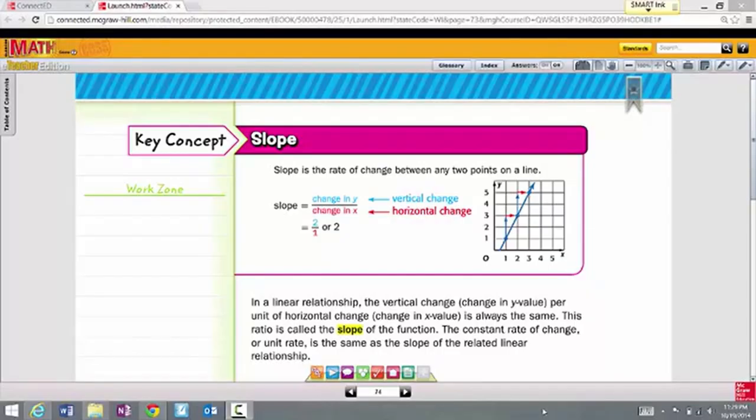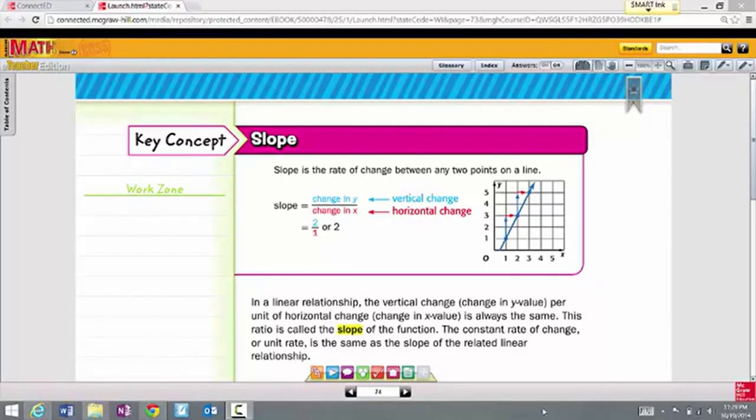We've kind of talked about slope already way at the beginning of the school year when we were doing the graphing calculator labs, when we were talking about linear equations and the lines, and we were discussing the steepness of that line. That steepness of that line is called slope, the constant of proportionality.